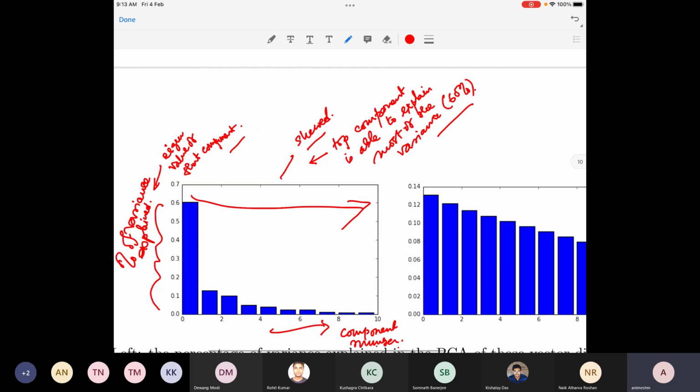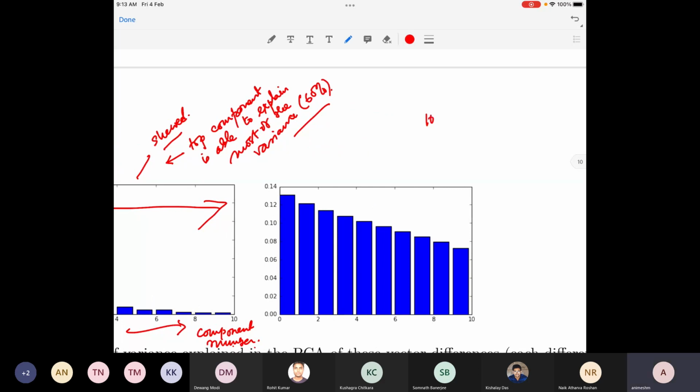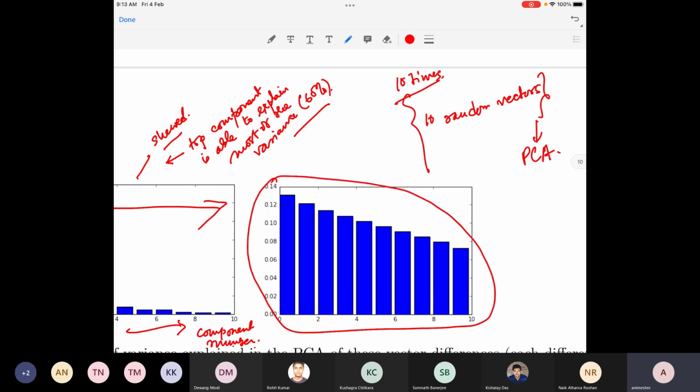Now, compared to this, if you take 10 random vectors and do a PCA, and you do it say 10 times because this is stochastic, you sample such 10 random vectors and do their PCA, then the components would be arranged like this.